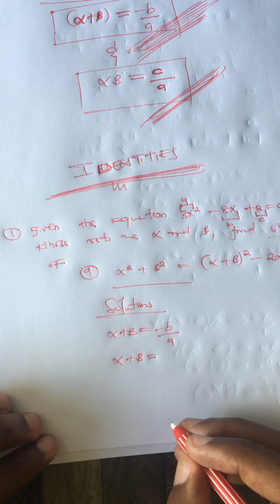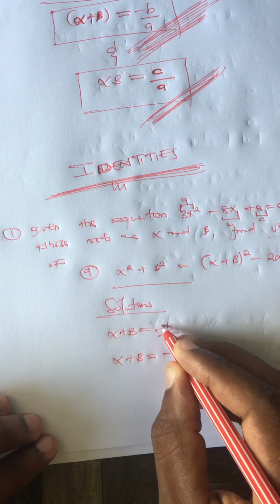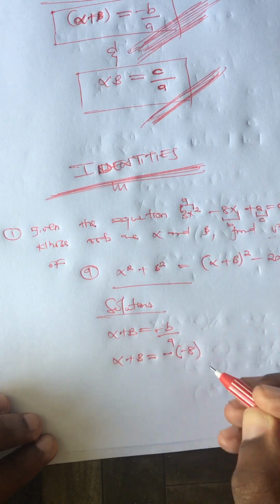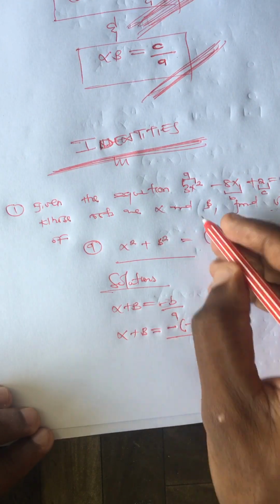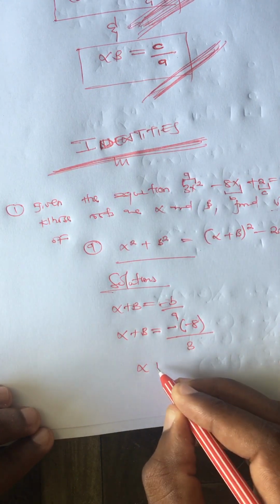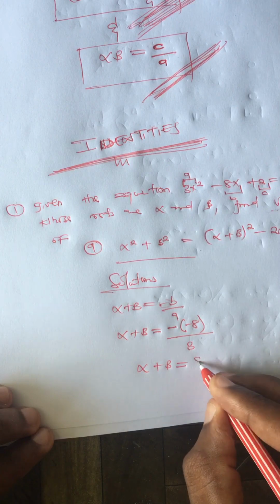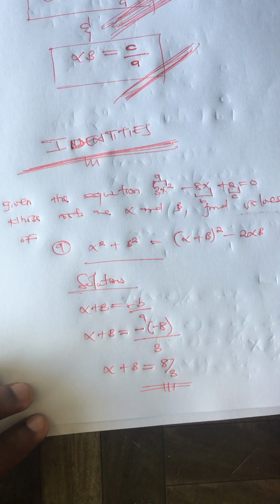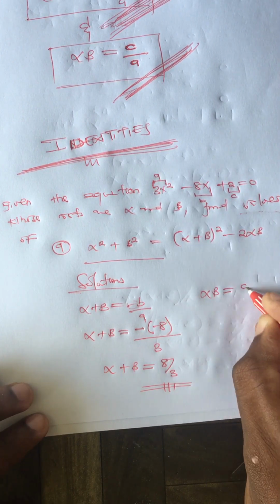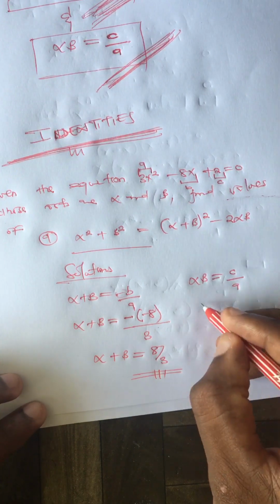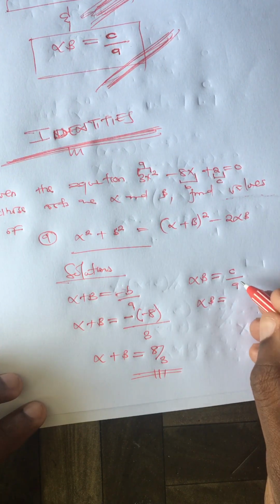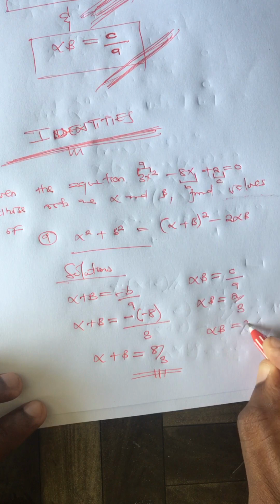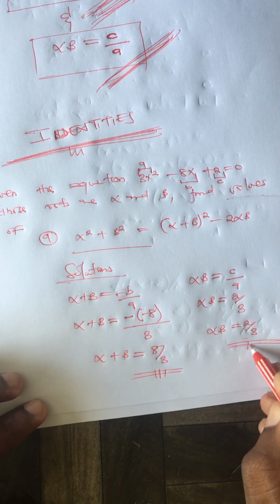So negative, negative 8 over our a, which is 3, gives alpha plus beta equal to 8 over 3. Then alpha beta is c over a, our c is 2 and our a is 3, so alpha beta is 2 over 3.